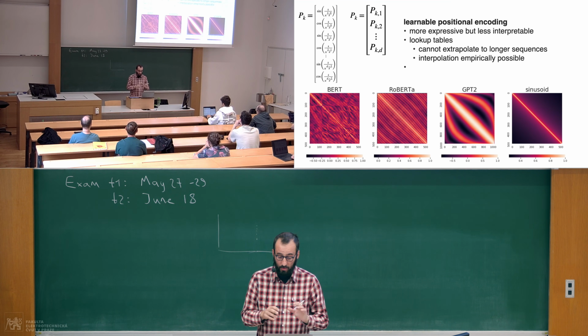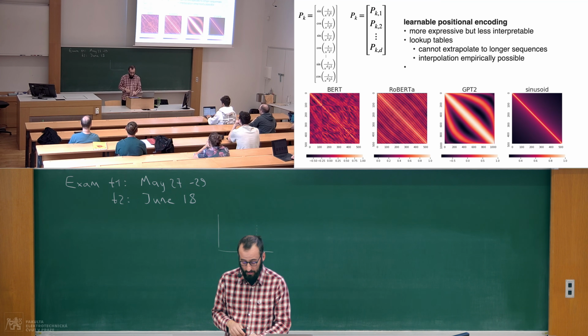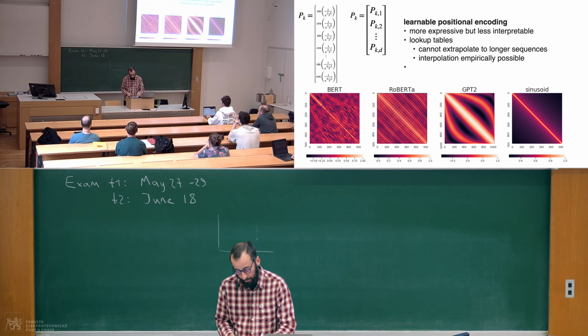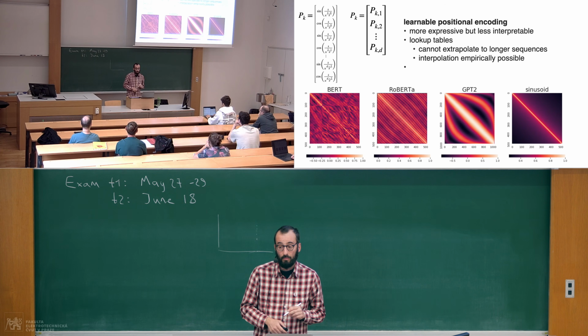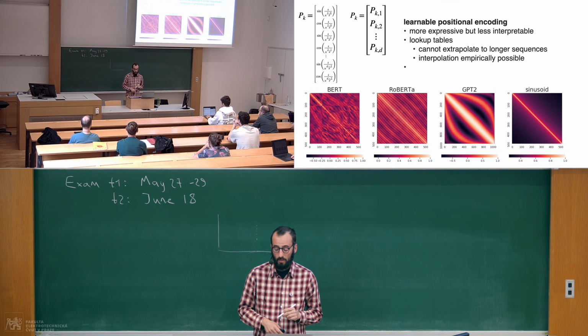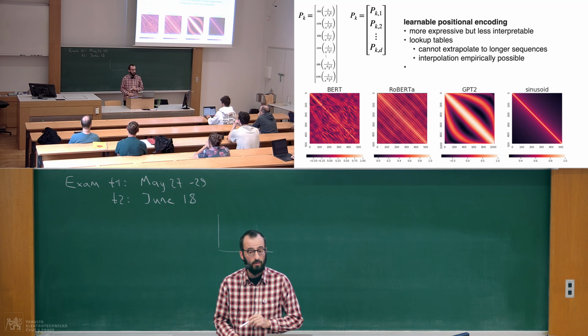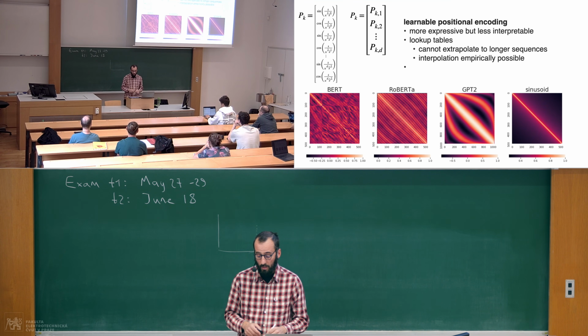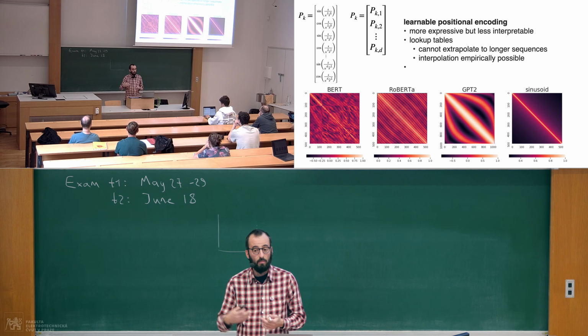Skipping, or going extremely fast, they did something similar for learnable encodings, where for every position that you have, you learn the encoding. Less interpretable, briefly to say, and you have bigger problems with extrapolation.